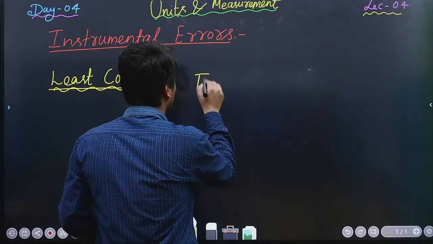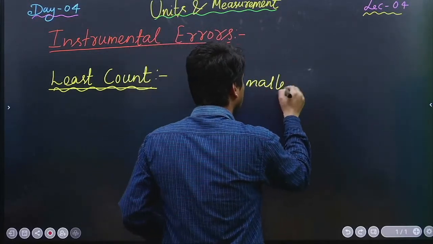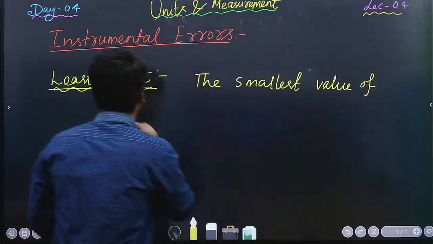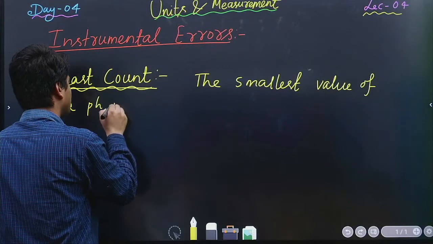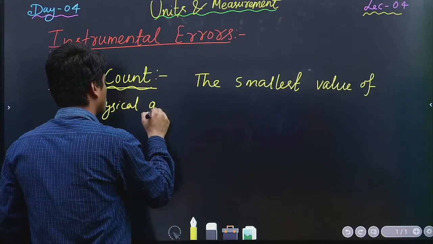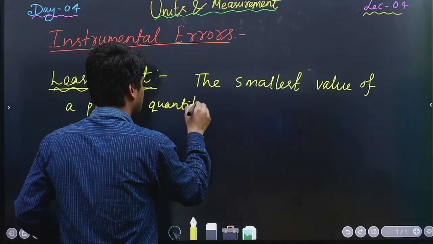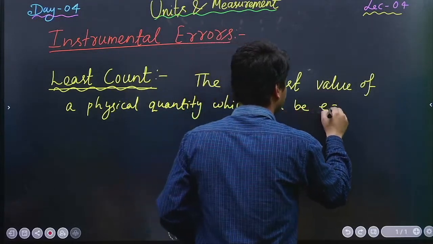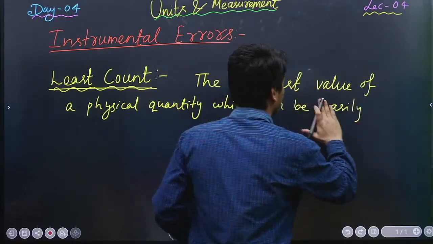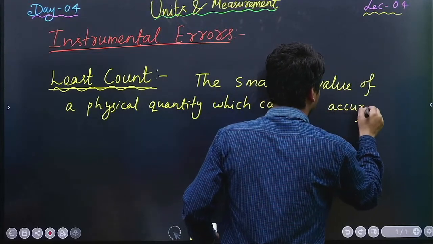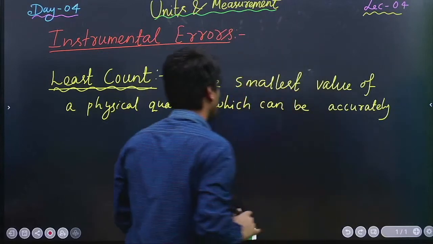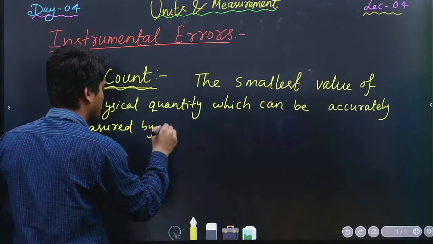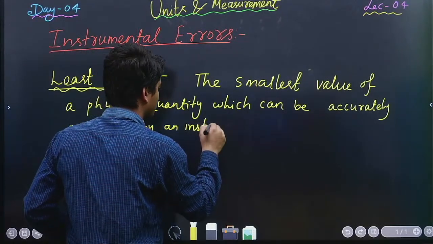The least count is the smallest measurement or smallest value of a physical quantity which can be accurately measured by an instrument.